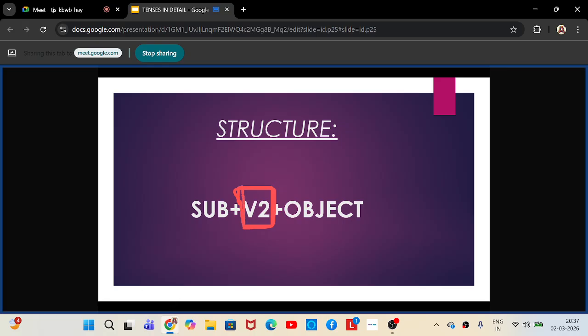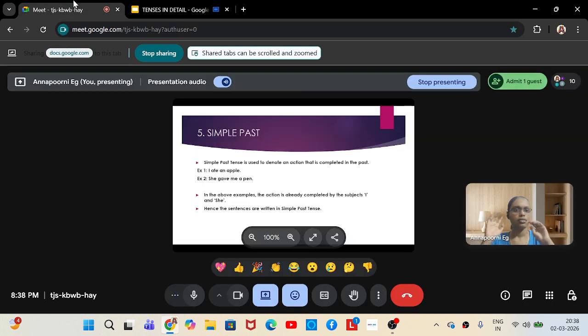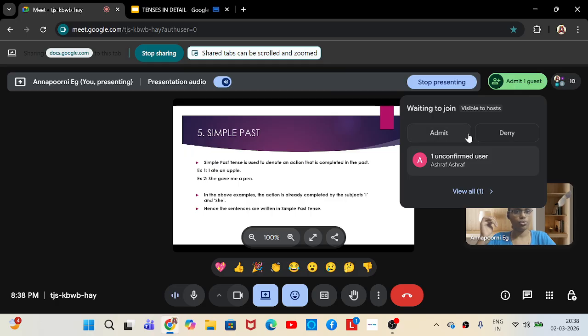It will not be repeated in any other tense. You can check it. So it is subject plus V2 plus object. The use is simple. The simple past tense is used to denote an action that is completed in the past. Any action that is done and dusted, completed in the past, you can use this tense to show that.